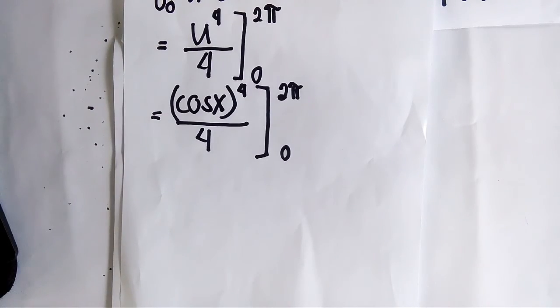So now let's substitute the 2 pi and the 0.